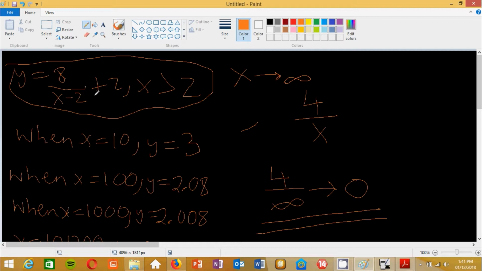Infinity minus 2 is just going to be infinity because it's just going to be so big. If you take a very big number and you subtract 2 from it, it doesn't really make a difference. That number will still be very large.